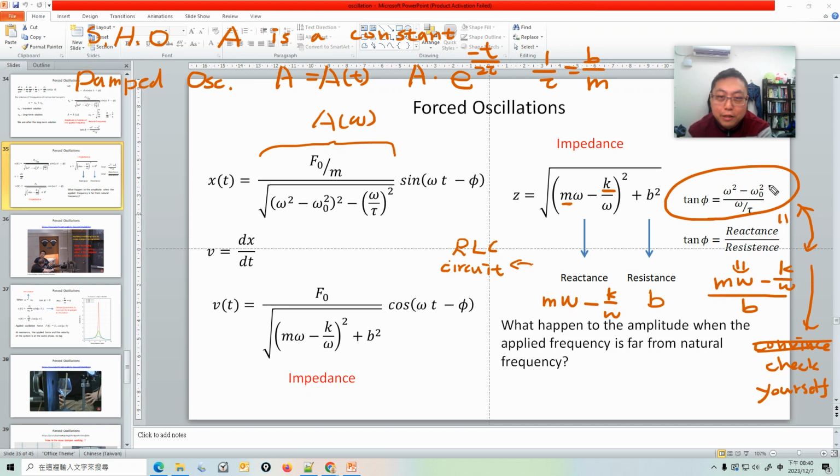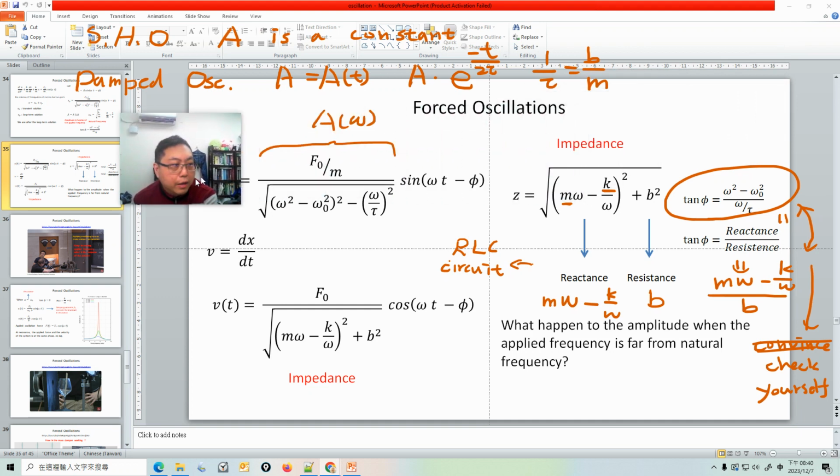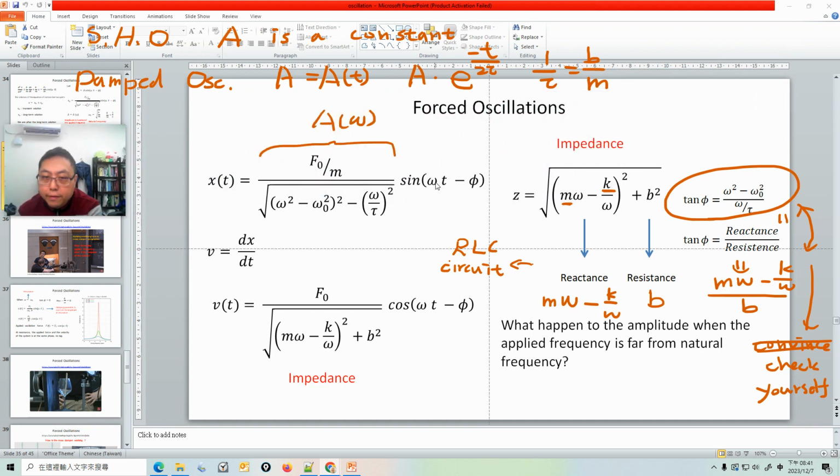How to check that? Don't forget the omega zero, I wrote it over here. How to check that this is equivalent is very simple.